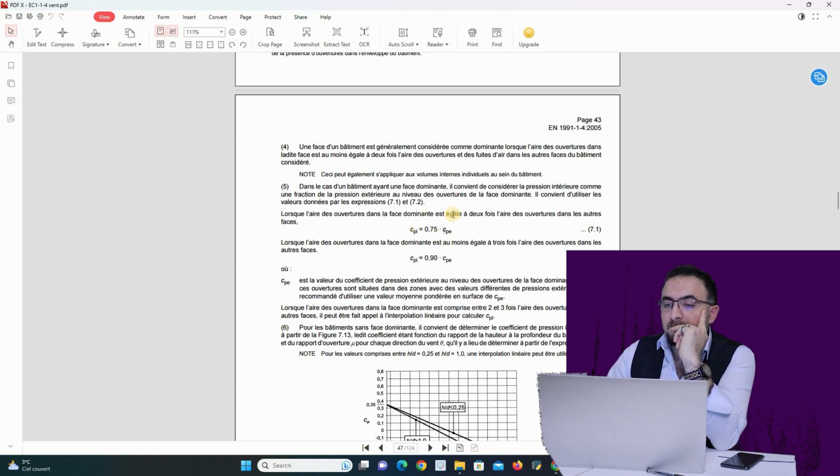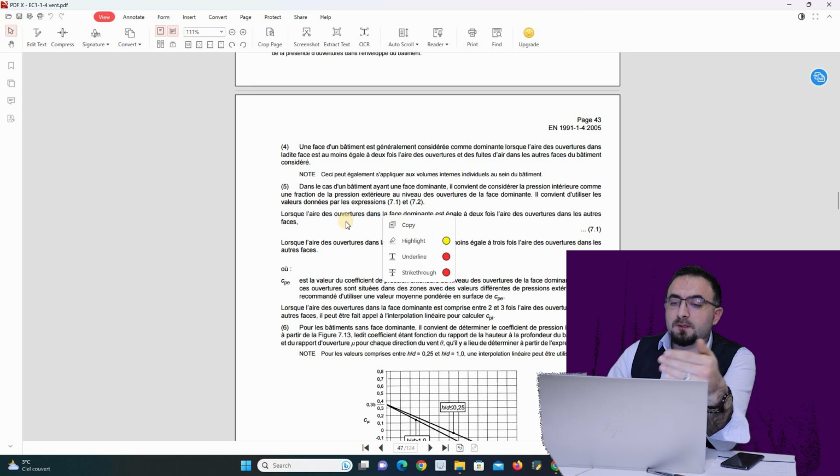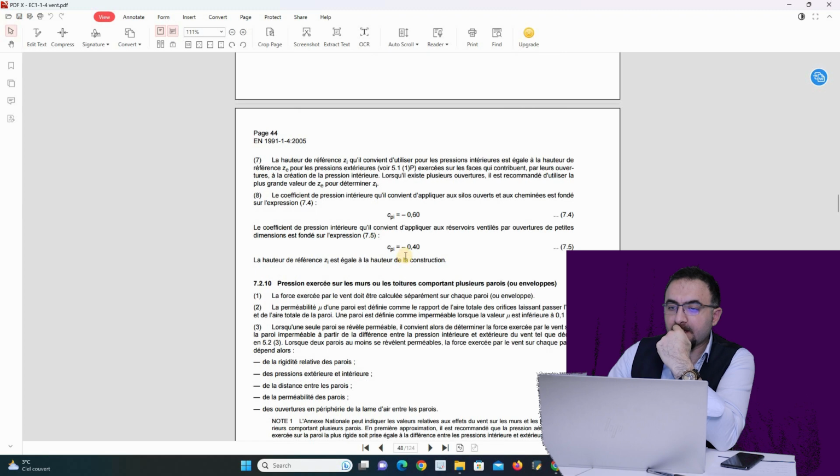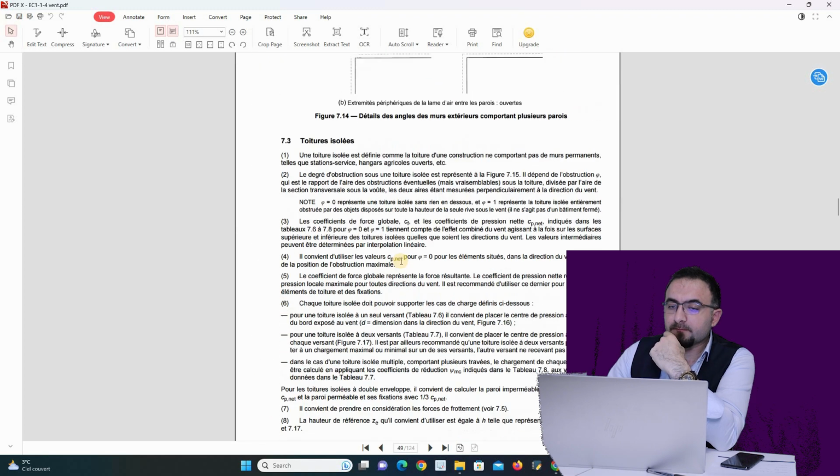Here they speak about the case where I have a wall whose open surface is 2 times that of the other wall, so I can take this value. If more than that, I can take this other value.